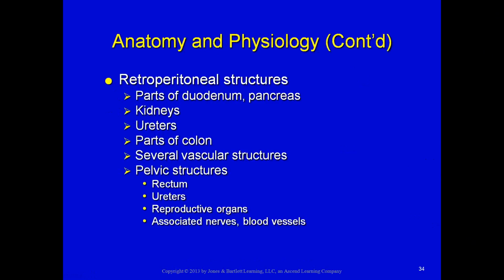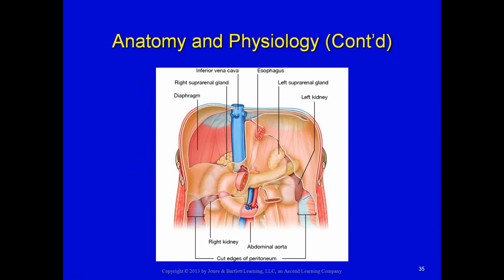And then within the pelvis, you have the rectum, the ureters, the reproductive organs, and then the associated nerves and blood vessels. And this diagram is trying to illustrate the inferior vena cava, the esophagus, the kidneys, the abdominal aorta, as well as the edges of the peritoneum.